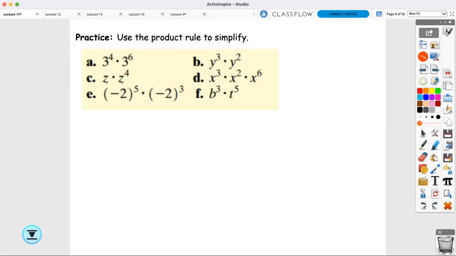You press shift 6 to get it. That's how you write an exponent, because we will be utilizing the chat to say our answers for each of the following ones. Okay, guys? Good luck.